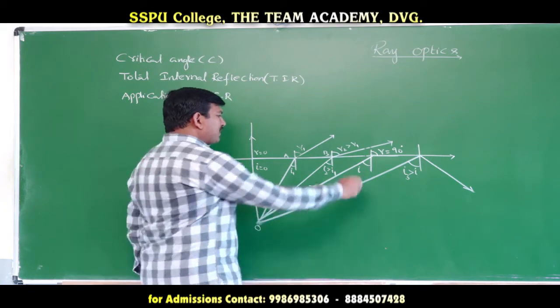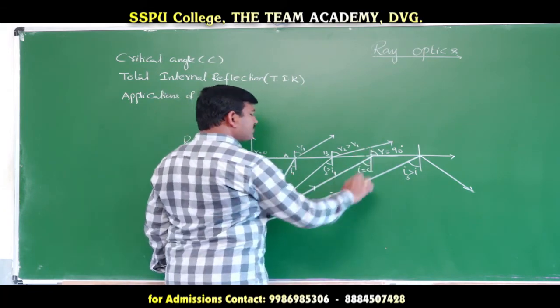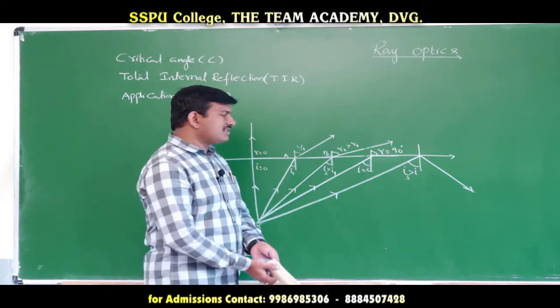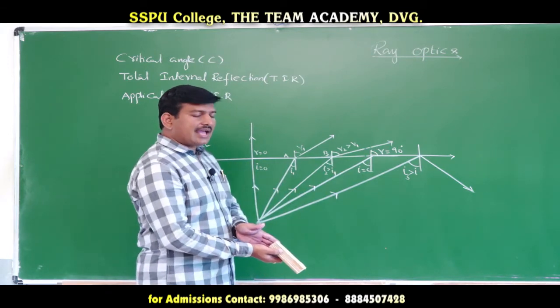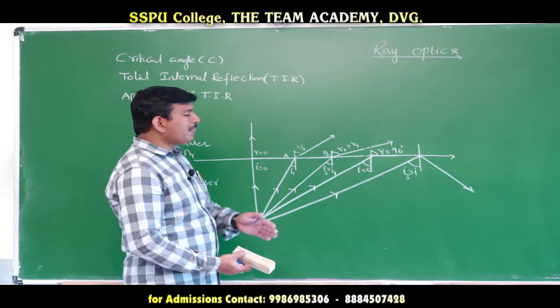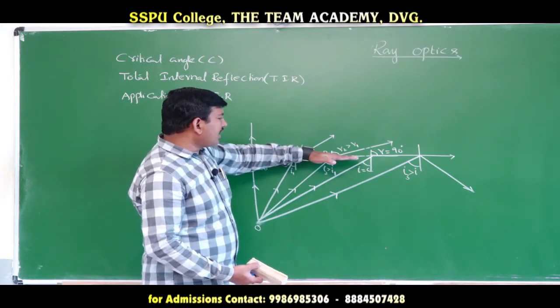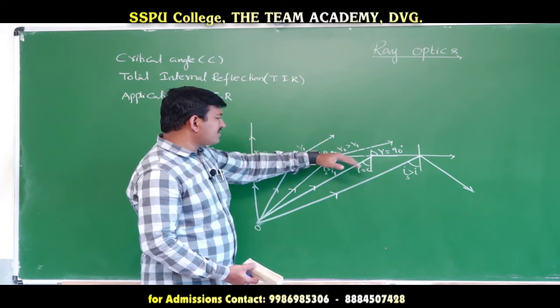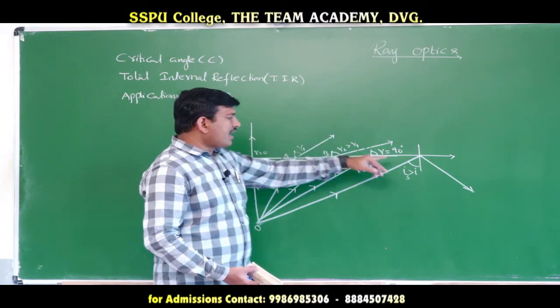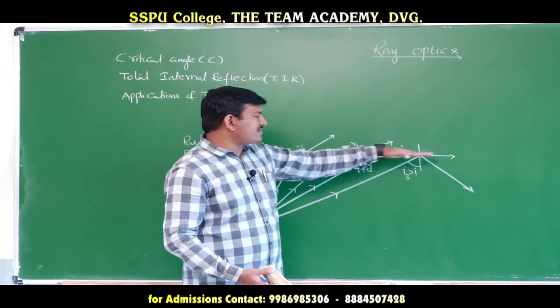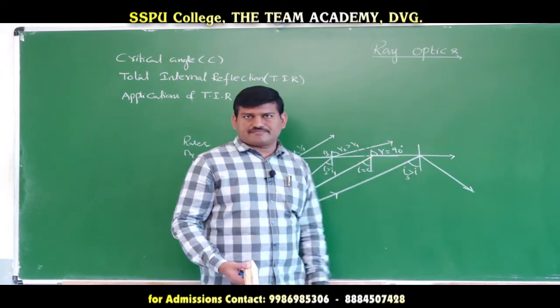Now, this particular angle of incidence for which the angle of refraction is 90 degrees is said to be the critical angle. This is the boundary line or the interface, and these are the light rays which are there above this interface, and this is the light ray which is below the interface, whereas this is the light ray which is along the interface.